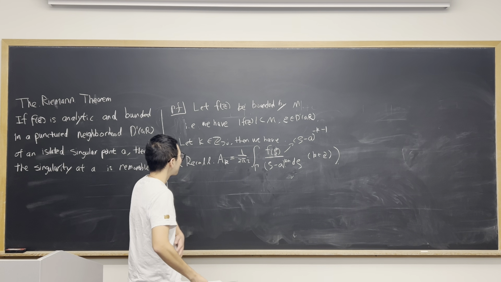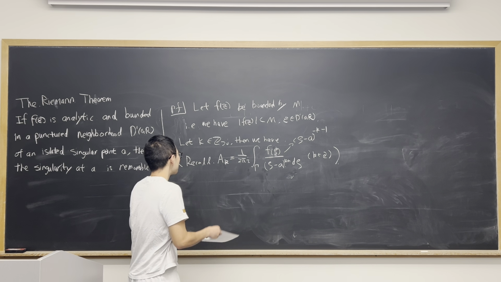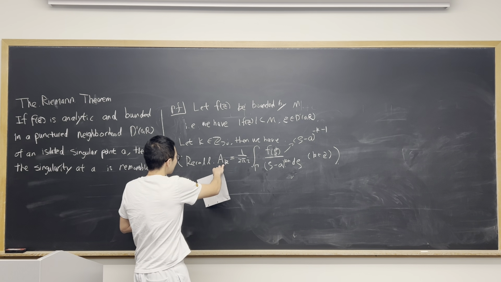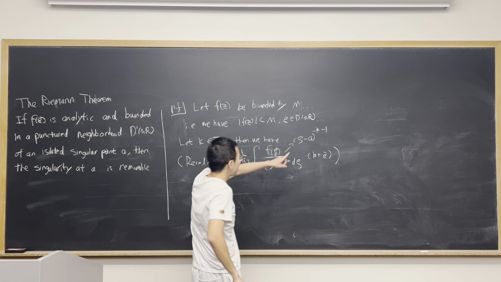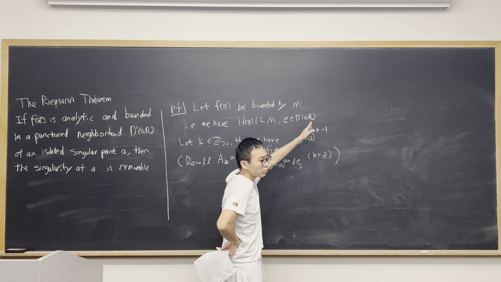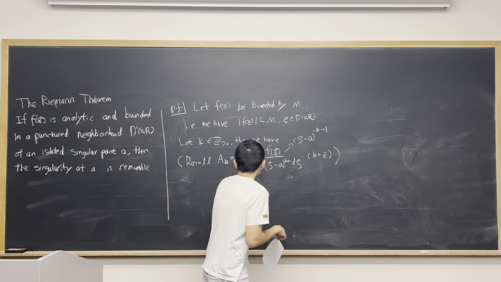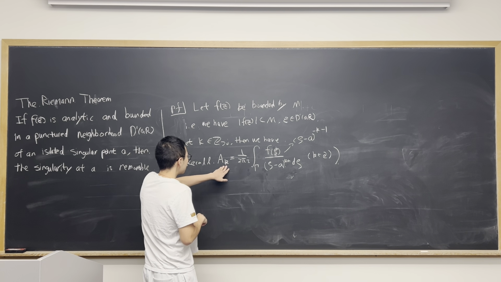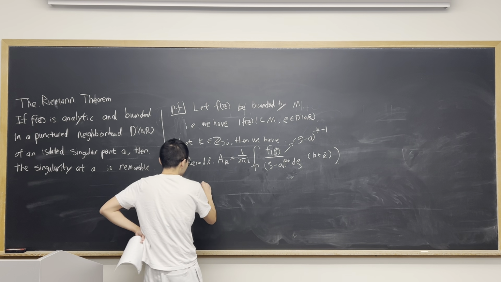And then this negative k is like the absolute value of k, the positive part of k, right? So we switch it.